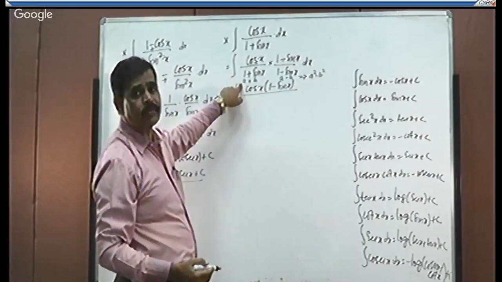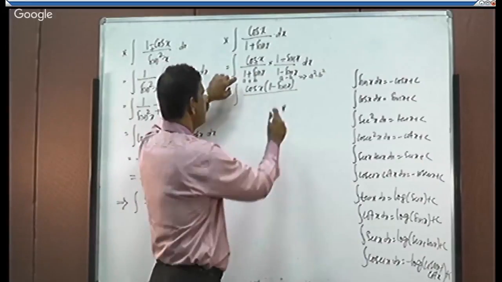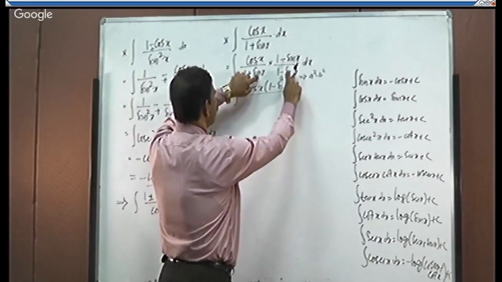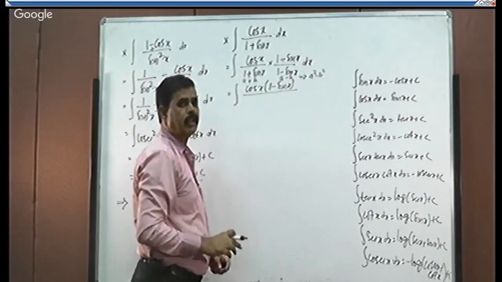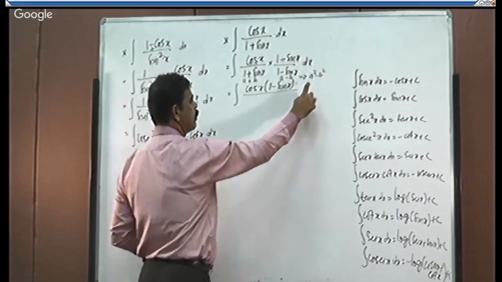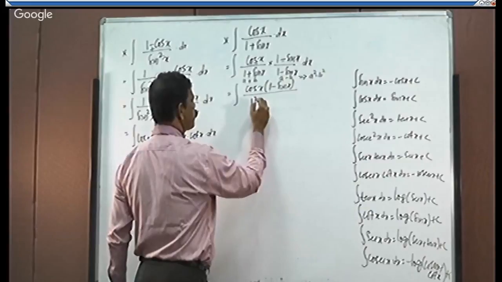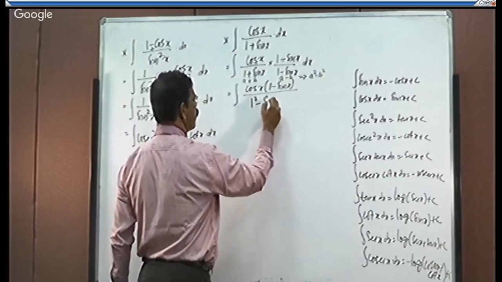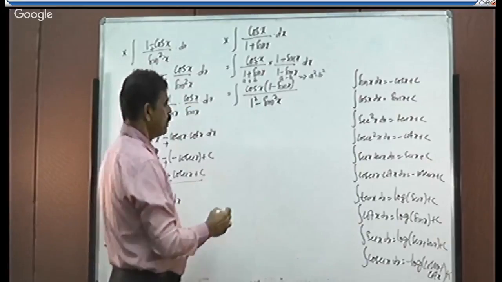These two terms are same, but having different sign. We should consider it as a square minus b square. a square means 1 square, minus sin square x.